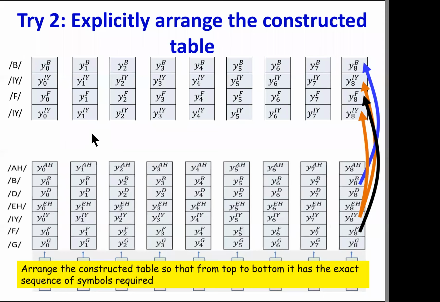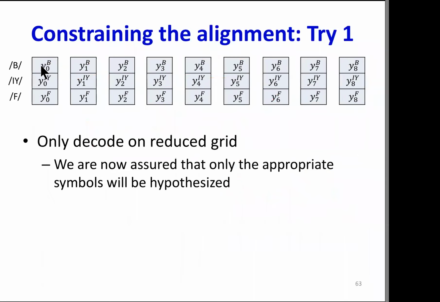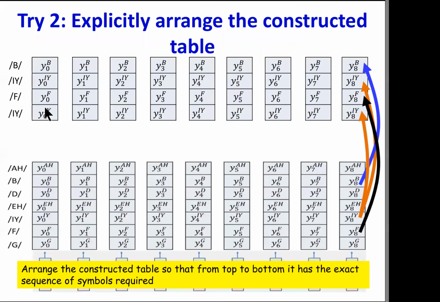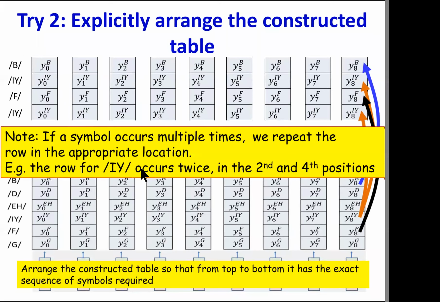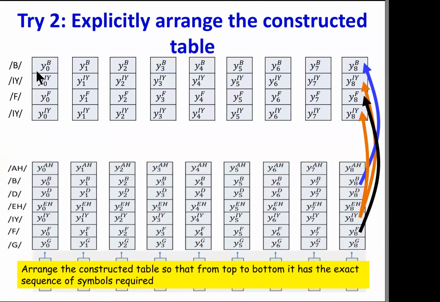So here's what I will do. I'm going to arrange the constructed table from top to bottom such that it has the exact sequence of symbols required. For example, if my target compressed symbol sequence for the training instance is beefy, then instead of just throwing away everything that's not B, E, or F, I'm going to first pull out the B and use it as my top row.